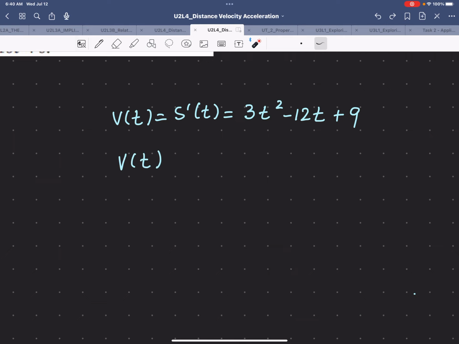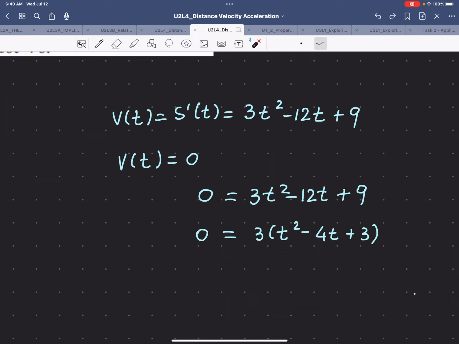So we'll factor the coefficient of 3 out first. And in brackets, we'll have t squared minus 4t plus 3. Continue factoring some more. And we'll have 3 times t minus 3 times t minus 1.